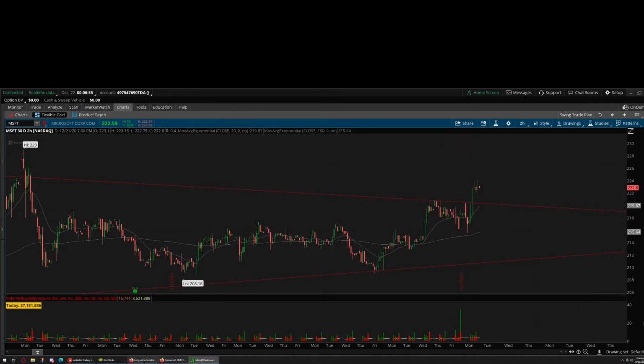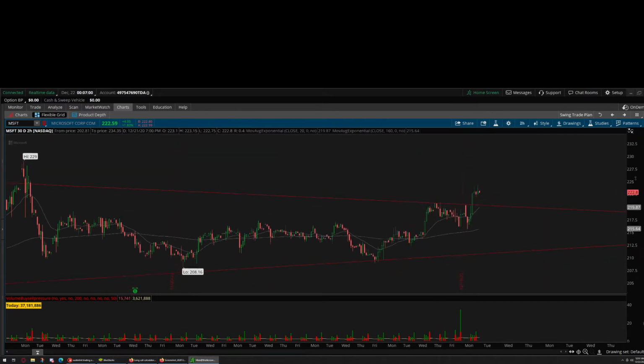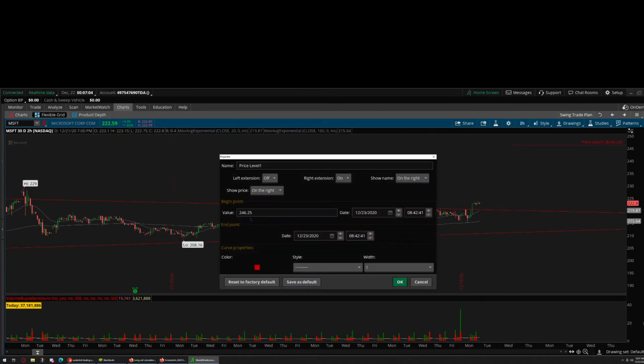What was that level again? 249.05. That is the February 19th $250 call expected move. Or you can also use that as a target or take profit line, either or.